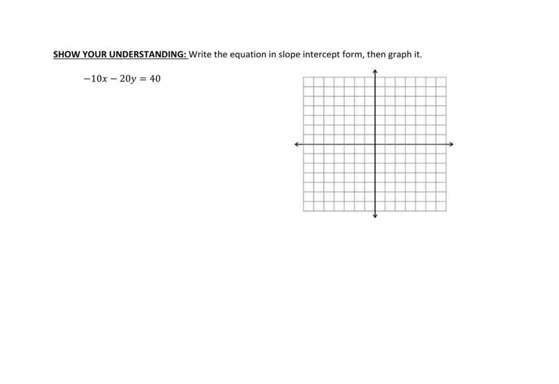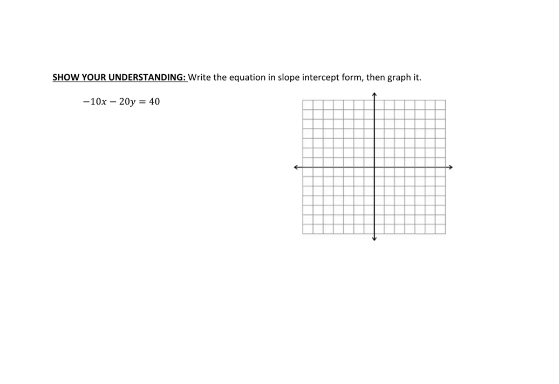All right, so first thing, again, let's solve it for y equals. I'm going to add 10x to both sides. So I get negative 20y equals, I'm going to put the 10x first, plus 40. And then my last step, I am going to divide everything by negative 20. I'm going to do all three terms here.